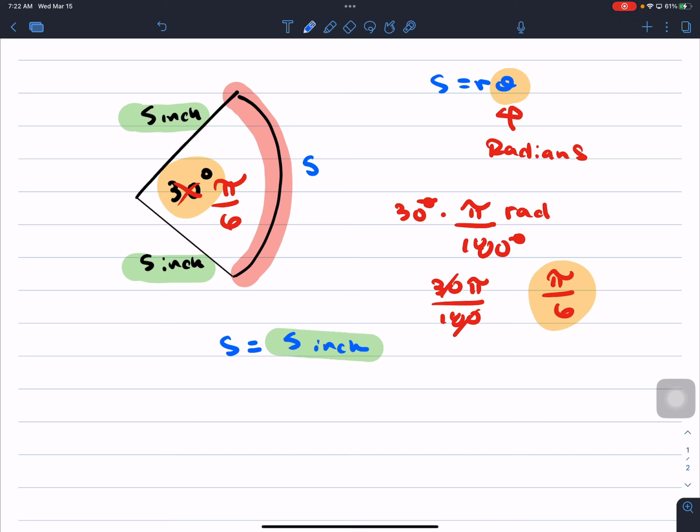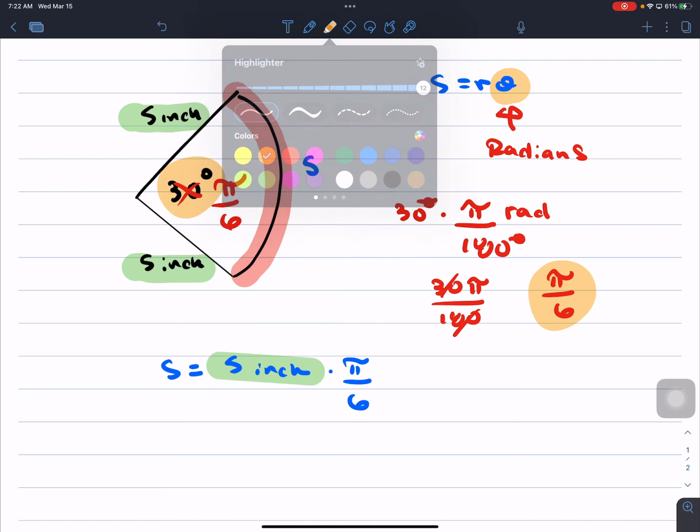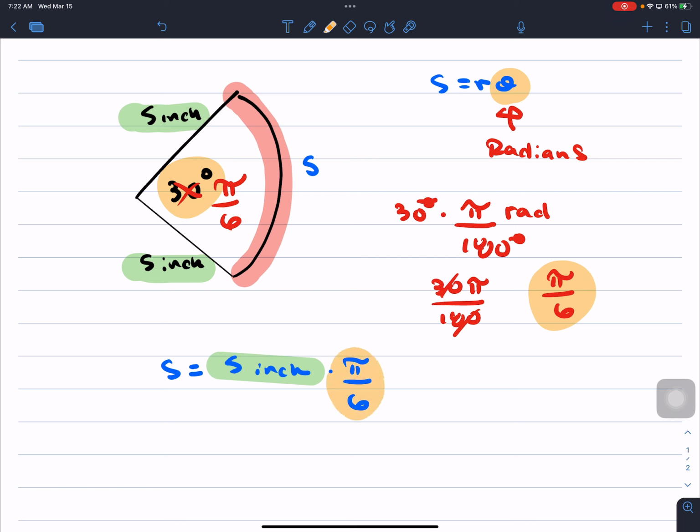Now, what's the angle? Pi over 6. Is that true? And there you go, ladies and gentlemen. Okay, now I want you guys to pay attention to this detail. I'm going to write every detail, okay? Every detail, because it's going to be important for us.